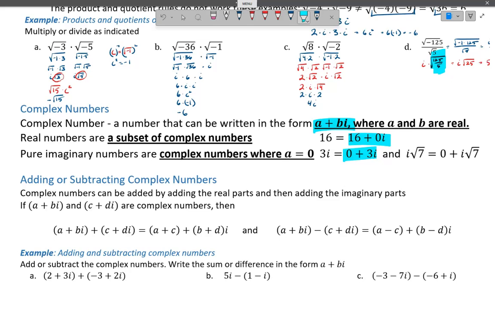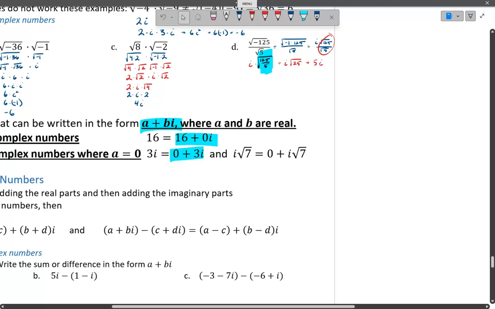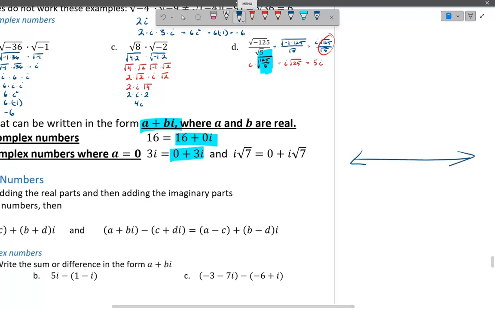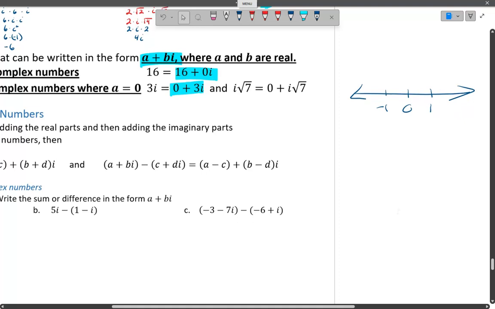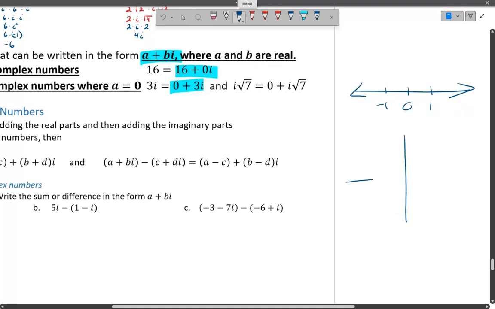So in one dimension, we have our number line, where we've got 0, -1, and 1. That's our one-dimensional number line. Then we move into two-dimensional, which is our coordinate plane, where we have x and y.